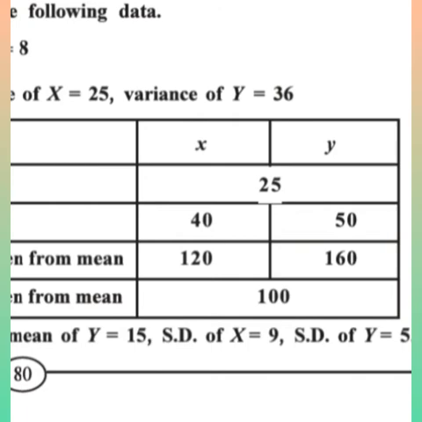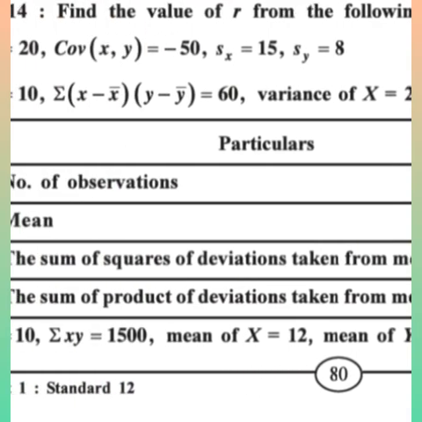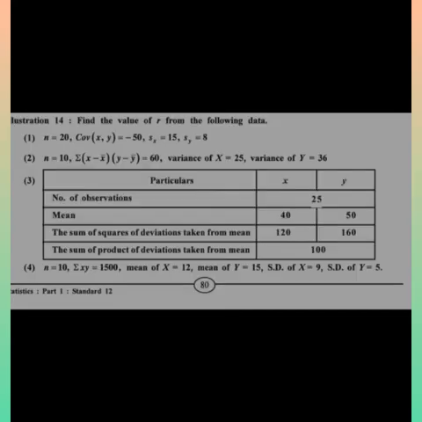I repeat, sigma xy minus n x bar y bar whole upon n into sx into sy. So these are the 4 short sums that we can solve with the help of the discussed formulas.